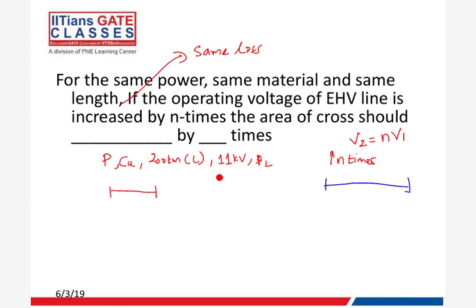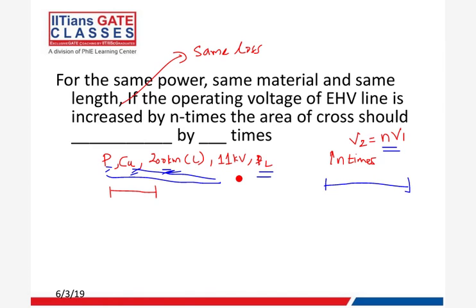Suppose you are a person designing this transmission line. You designed for this condition, but then they said, let's make it for n times V1, and the power is going to be the same, the material the same, the length the same, and even the losses the same. Then what should be the new conductor size that we should choose?